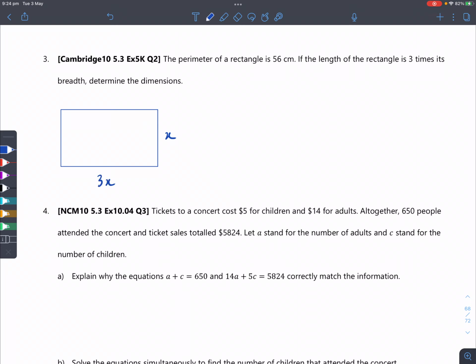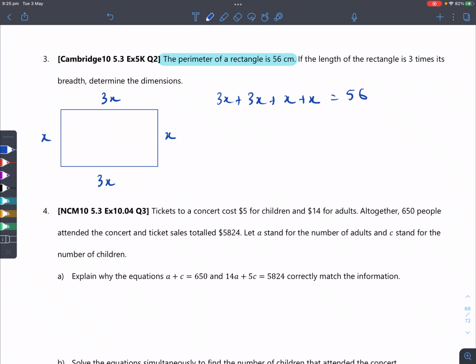Okay? Then because this is a rectangle, opposite edges are the same in distance or length. So now you have to use this part of the sentence, which says the perimeter of the rectangle is 56 centimeters. We can add all that together so that we get 3x plus 3x plus x plus x equals 56.